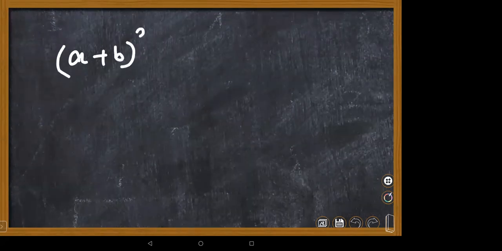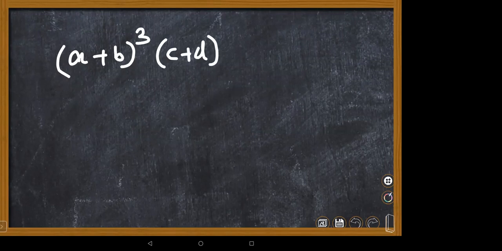Let me take the question. Don't think the question is big. Don't think like that. See and apply it. Which identity am I supposed to use over here to simplify my part? This is one part given, and the second part is given: c plus d whole square.